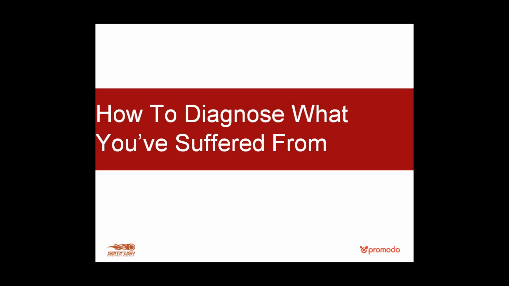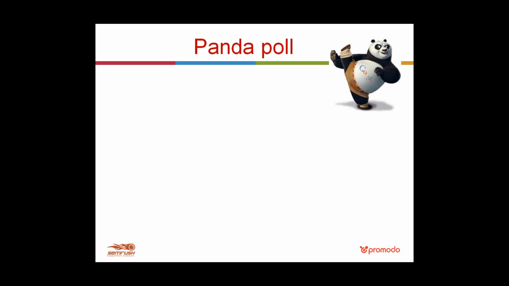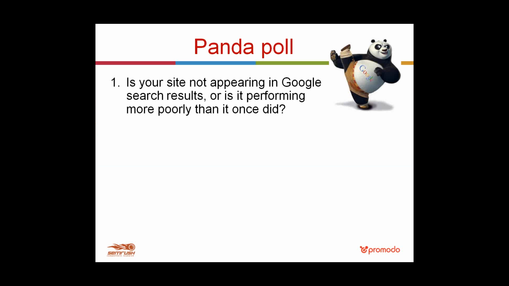If you are not ranking as highly as you were in the past overall, it's a good idea to look at the quality of the content on the site, if it is scraped or duplicated, as well as the quality of the backlinks, and particularly at the inbound link anchors. So try to frankly answer the following three questions. Do you see that your site isn't appearing in Google search results, or it's performing more poorly than it once did?